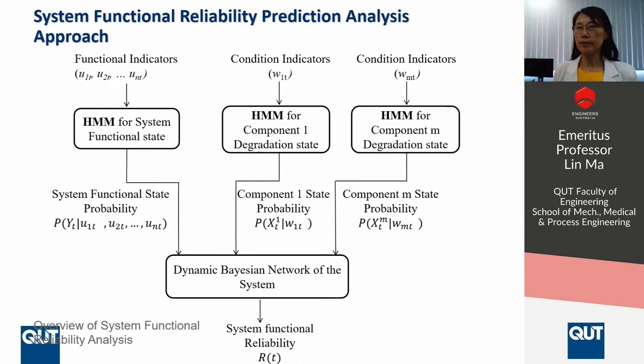Another thing I want to mention is system functional reliability prediction. This is a new approach one of my PhD students developed. We all know that system reliability is very hard to predict, especially when your system is complex and has a lot of interrelationships between different parts of the system. So in this approach we use a hidden Markov model for the component level or base maintenance unit level, and a dynamic Bayes model for the system.